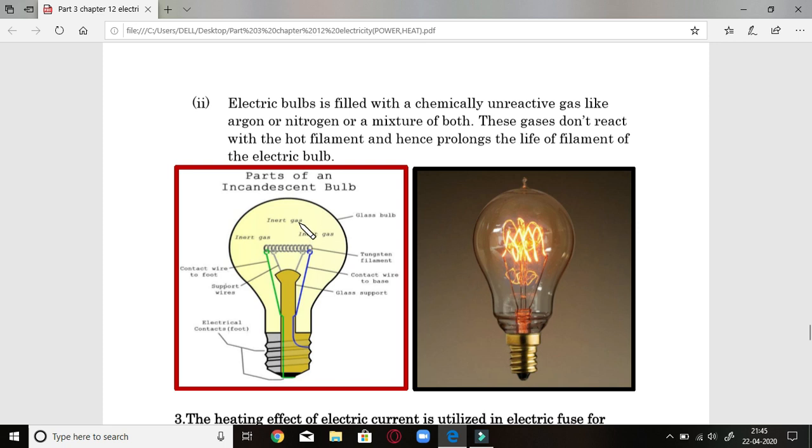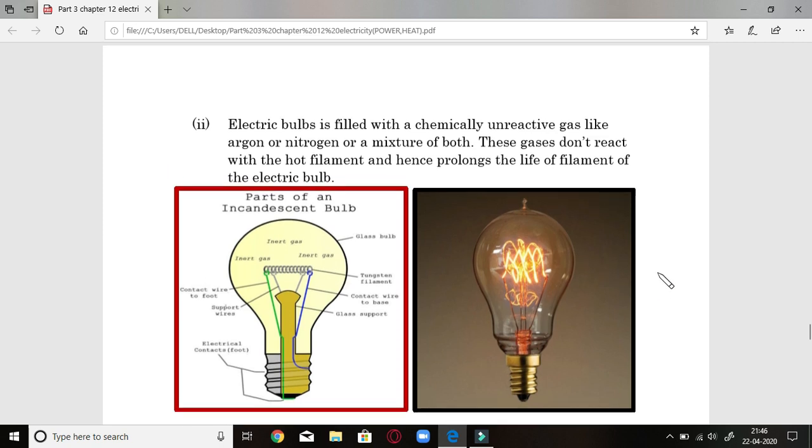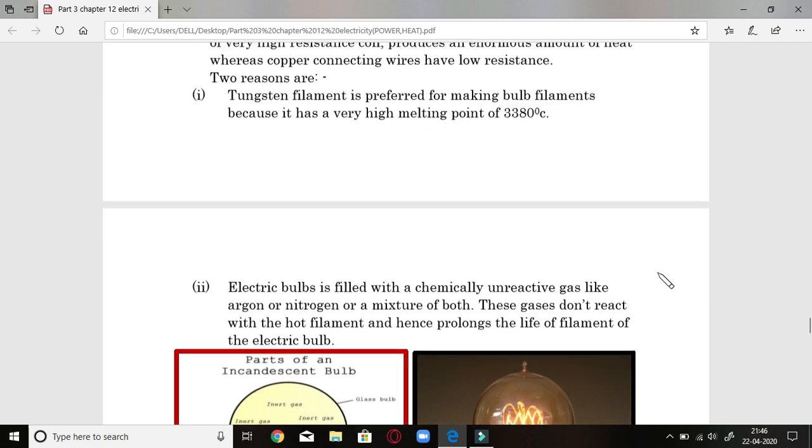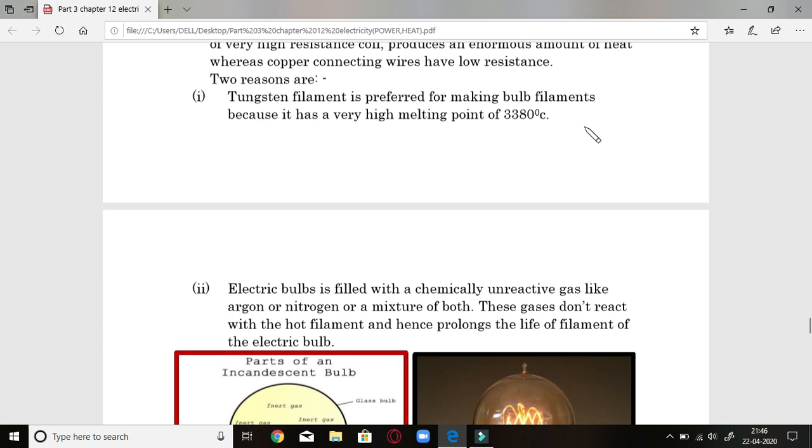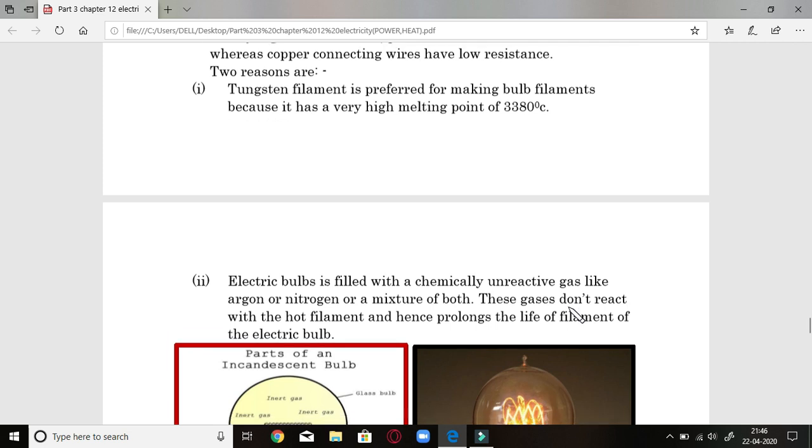One is that these gases do not react with the hot filament, and the second thing is that they prolong the life of the filament also. So it does not oxidize the filament, rather it protects it and prolongs the life of this filament. So these are the two reasons because of which the tungsten filament and the unreactive gases are filled inside the bulb.